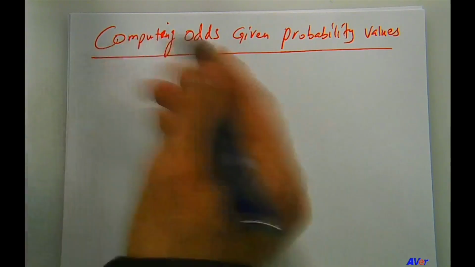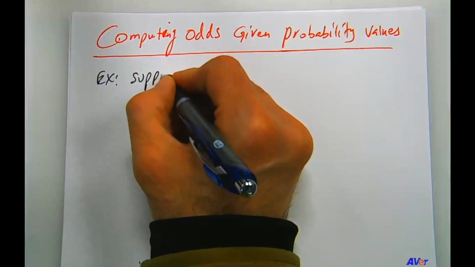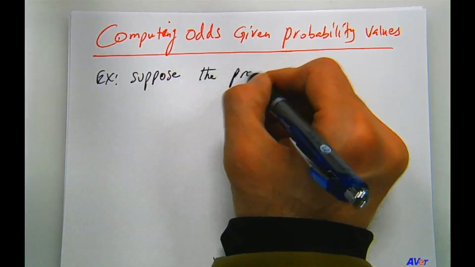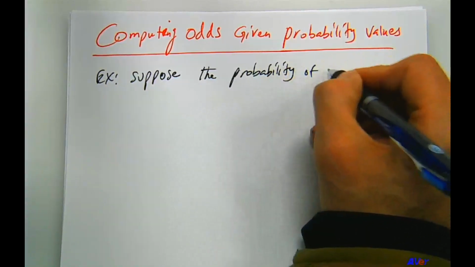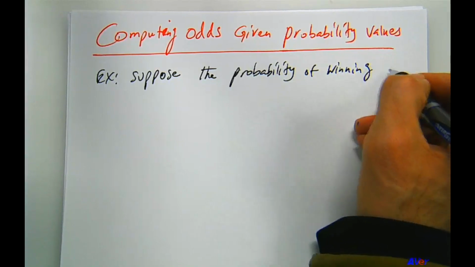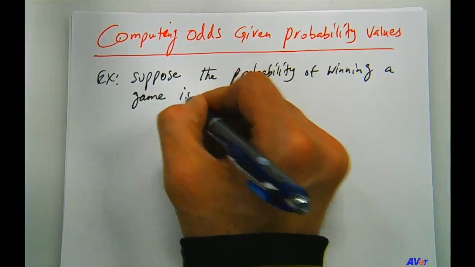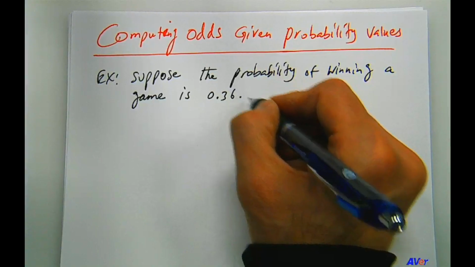So the best way to approach this problem is just jump right into an example. So let's do that. Suppose that the probability of winning a game is 0.36, right?